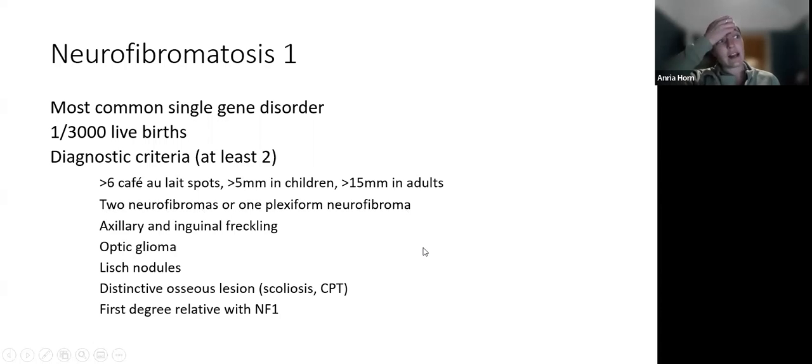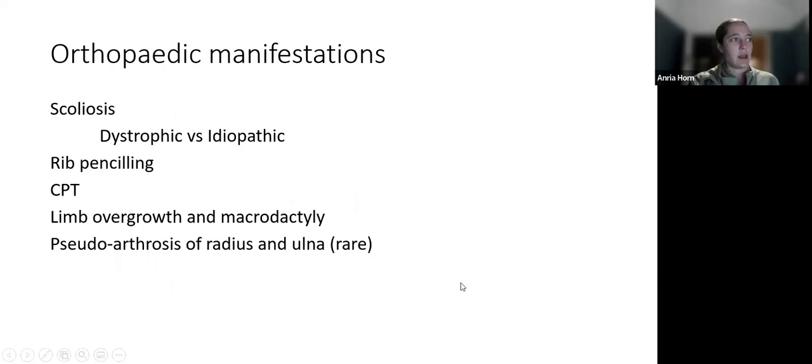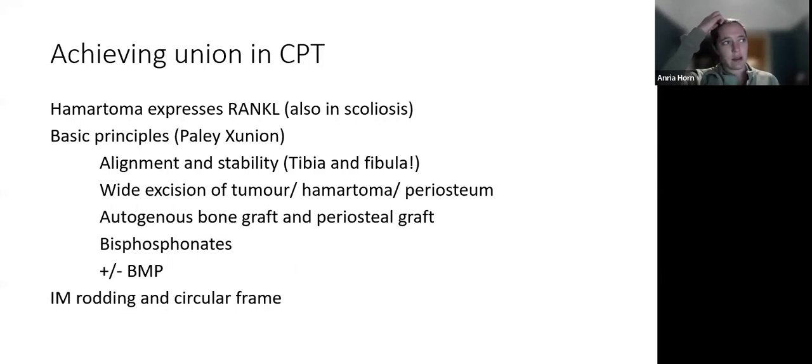Axillary or inguinal freckling, optic glioma, Lisch nodules, and then your distinctive osseous lesions, which is CPT or scoliosis, or a first-degree relative with neurofibromatosis type 1. And here we're just going through that again. So scoliosis, CPT, overgrowth, and then pseudarthrosis of the radius and ulna is extremely rare. I've never seen that. And then the difficulty, as Mohammed alluded to, is achieving union in CPT.